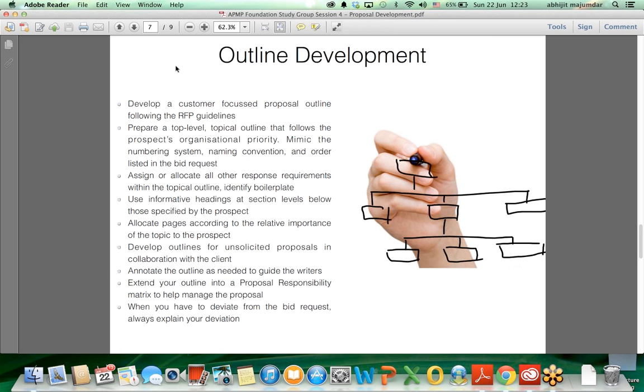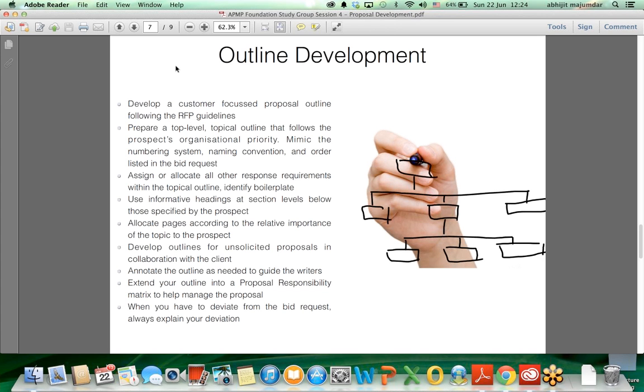You can annotate it based on your win strategy and proposal strategy: what you exactly want to write in that particular section, what key message should come out of that proposal section, what the theme of that section should be, and what proof points should be given. So when the proposal writer or developer puts in that content, he knows what points he needs to address, and he has the storyboard with him too, so he knows in what sequence it has to happen.